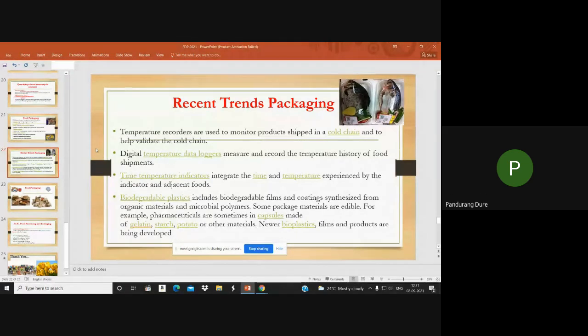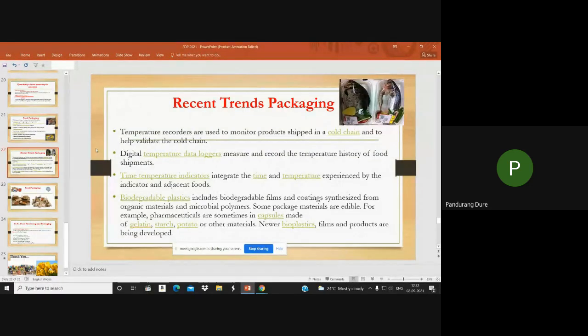Then biodegradable plastics are there, avoiding wastage, especially solid waste. As we know, the demand for processed food is increasing day by day, so the wrappers become waste, and now everyone is thinking about biodegradable plastics.